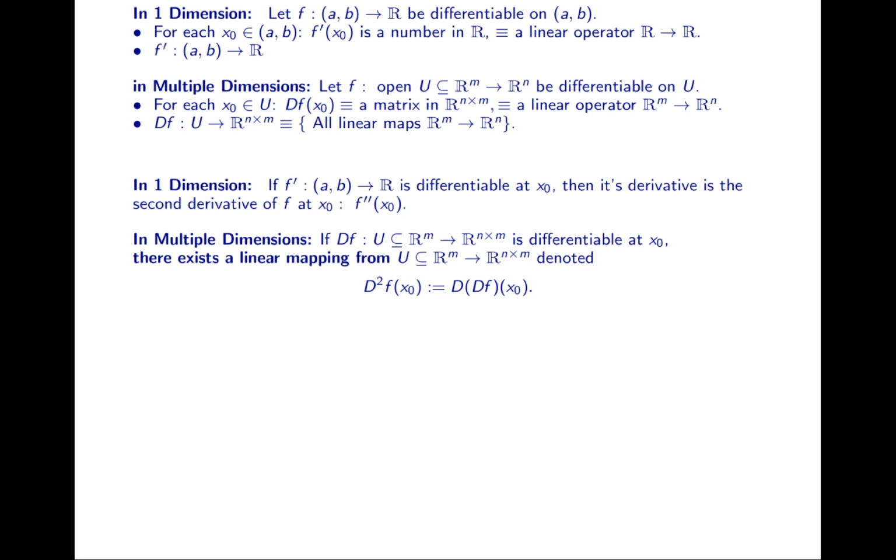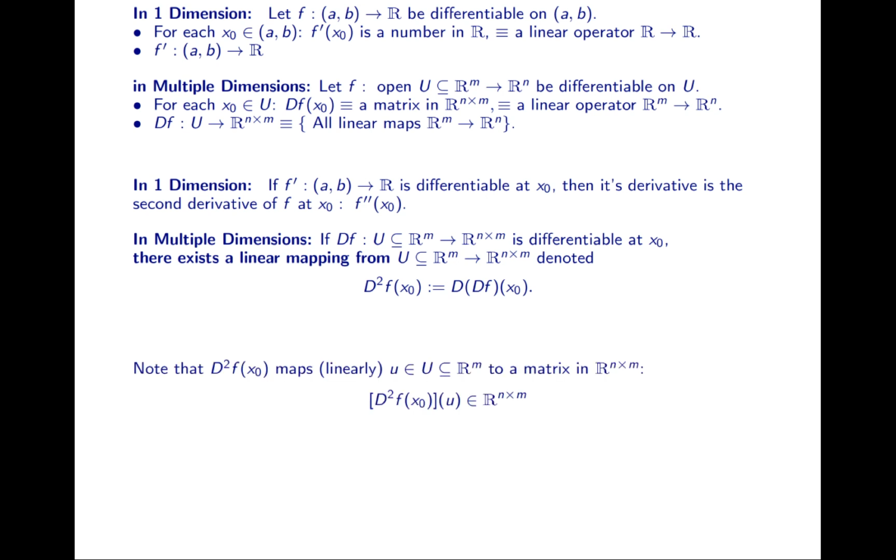In multiple dimensions, if the function from U, which is in R^m, to matrices of size n by m is differentiable using my same definition of differentiability at x naught, what I mean is there exists a linear mapping from R^m to matrices in R^(n by m). And of course, the second derivative of f is the derivative of the first derivative evaluated at x naught.